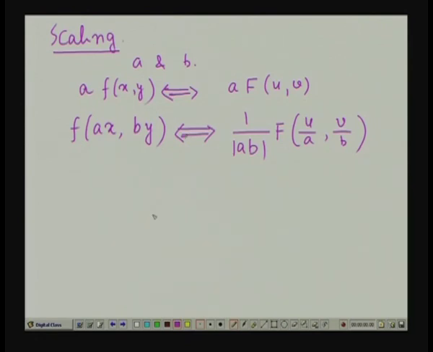So, these are the scaling properties of the discrete Fourier transformation. Now, we can also compute the average value of the signal f x y.